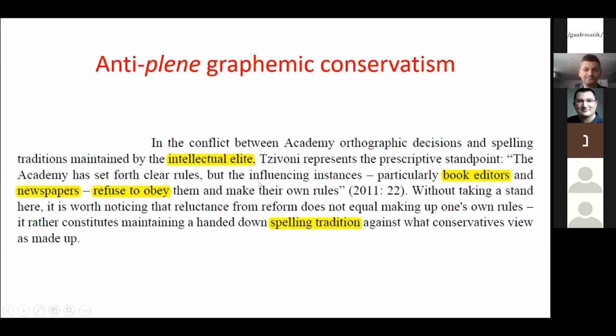Book editors just refuse to obey, as one columnist says. And here we are witnessing a spelling tradition against new orthographies.